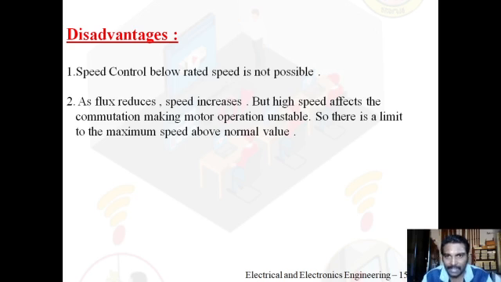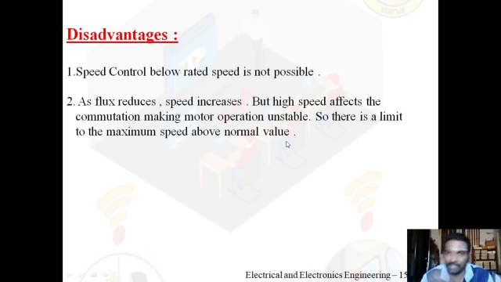That means the characteristics the motor exhibits at higher values of speed will be undesirable, will be impractical. Therefore, that one we can call the unstable operation region of the motors. Therefore, there is a limit to the maximum speed above the normal value.